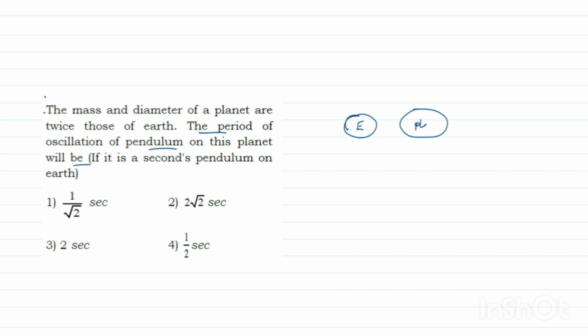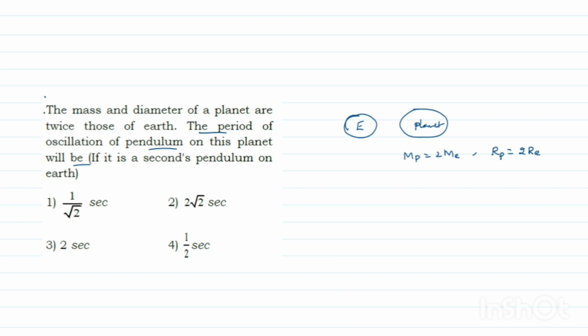The mass of the planet is twice the mass of the Earth, and diameter is directly proportional to radius, so the radius of the planet will be 2 times the radius of the Earth.